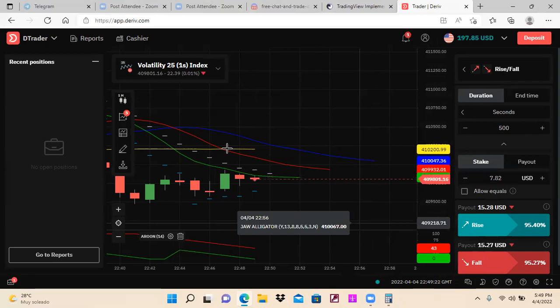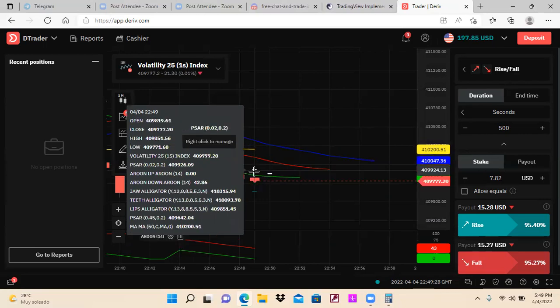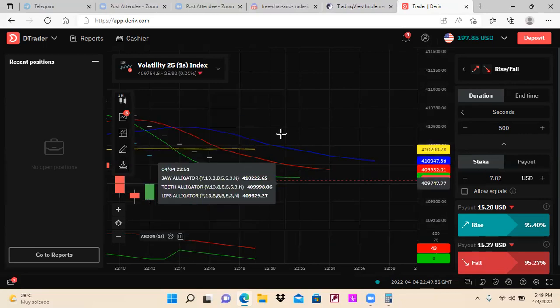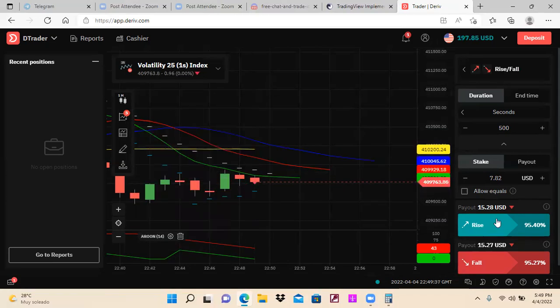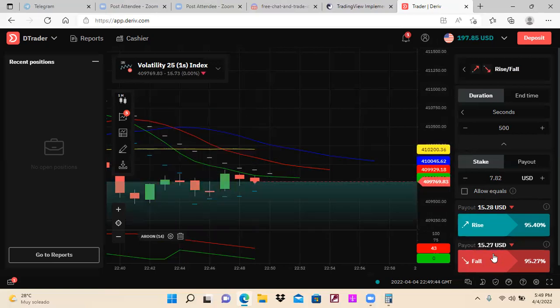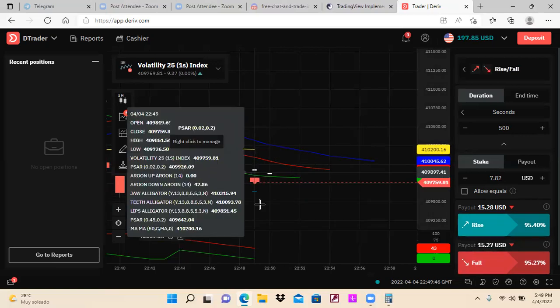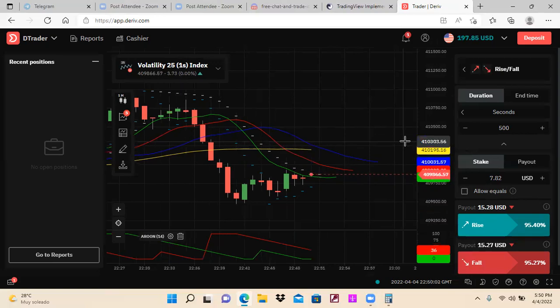In addition to that, we have a parabolic above it. Whenever we see that type of situation, we just wait because it could signal a trade to go down or it could signal a trade to go up. If we press rise, it means the candles are going up, and if we press fall, it means the candles are going to drop. So pretty much, doing binary using DTrader, you would heavily rely on indicators because that will be saving your day.